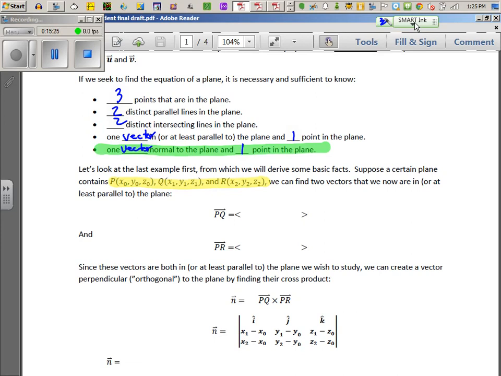So, for example, PQ will be the vector x1 minus x0, y1 minus y0, z1 minus z0. That vector should be in the plane, or at least parallel to the plane, because it's made up of 2 points in the plane. Same thing with PR. PR would be x2 minus x0, y2 minus y0, z2 minus z0. These vectors are lying flat in our plane that we wish to study.